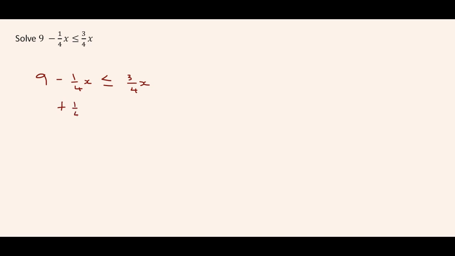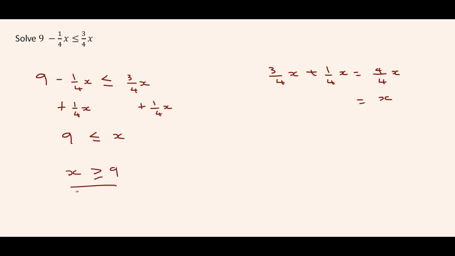So I'm going to add 1 over 4x here, and then also add 1 over 4x right here. So 3 over 4x plus 1 over 4x gives me 4 over 4x, which is x. So 9 is less than or equal to x, which means that x is greater than or equal to 9.